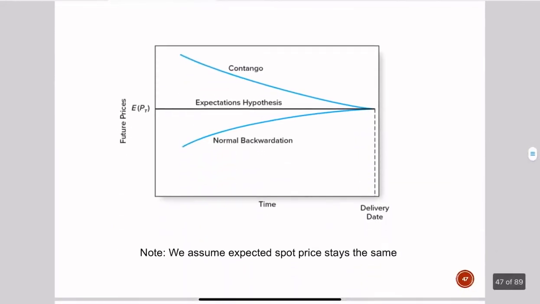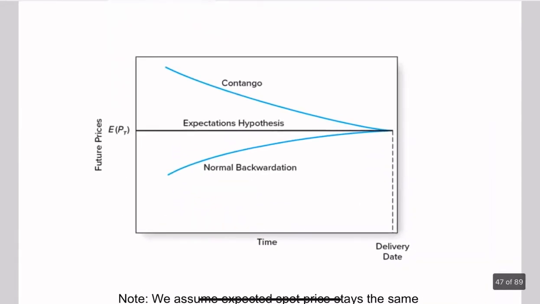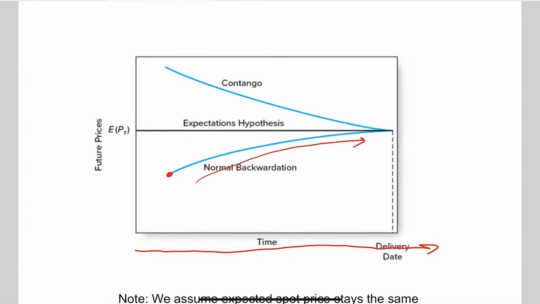And in terms of this picture, right, if we look at a futures' time to maturity, we will see that in the beginning, the futures price would be lower if there is backwardation. And as this futures approaches closer to the delivery date, its price will be higher, right? And under contango, we will get the opposite case. That is, initially, the price will be high.